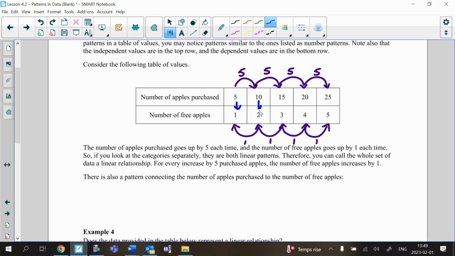I'm dividing by 5. That's another way you could express the relationship. So we could say the number of apples divided by 5 equals the number of free apples.